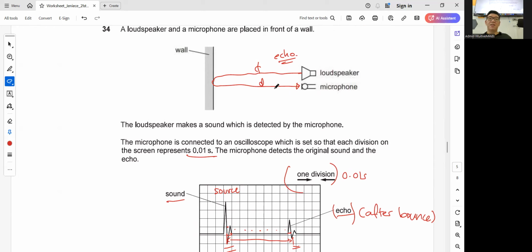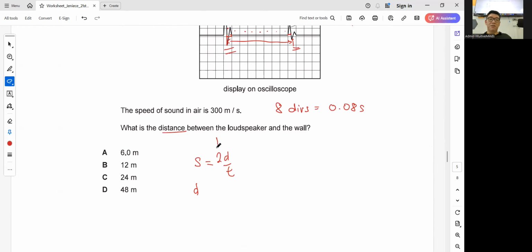And that's another D. So you need to put a 2D here. And the rest is just math. Okay. What's 24 divided by 2? 12. It should be this one.